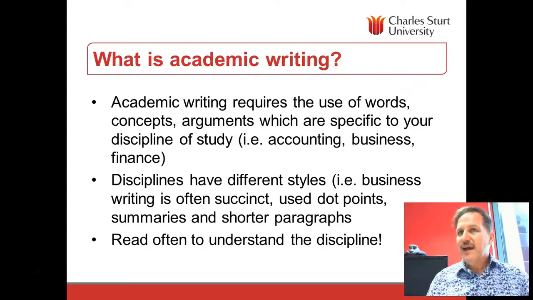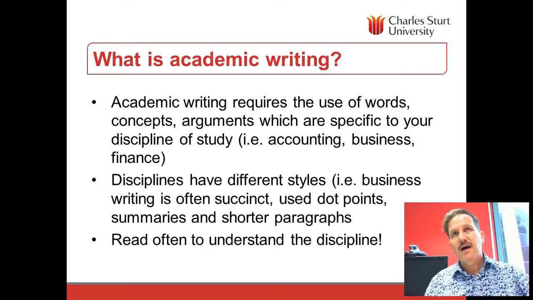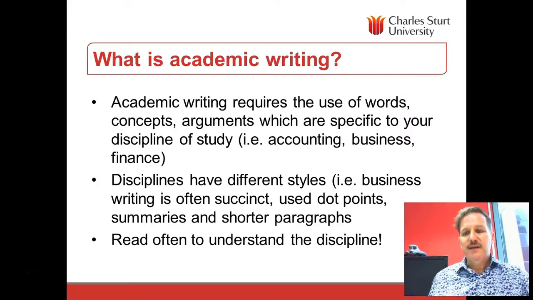And the way to understand what style of writing is useful in your particular discipline is to read often, to understand the discipline, not only to understand the writing conventions specific to your discipline, but also some of the central ideas and themes that may run through it.